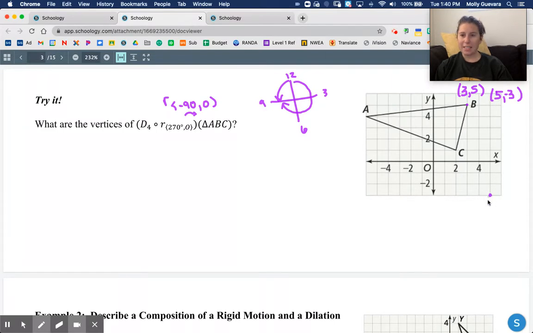Then it has a dilation of 4. That means I have to multiply the 5 by 4, which gets me 20, and the negative 3 by 4, which gets me negative 12. So that tells me that B prime, because it just asks what are the vertices, it doesn't ask me to graph it, is the coordinate 20, negative 12.